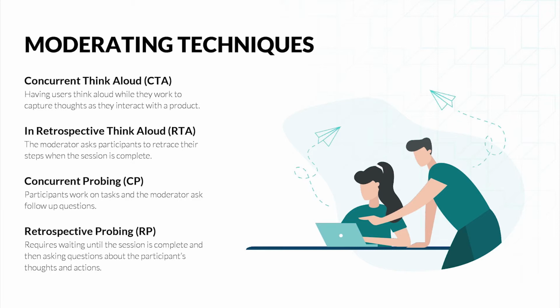A different moderating technique could be retrospective think aloud, which is again a little bit about getting the information from the user about what they were trying to do, but afterwards. So we run the whole usability study, giving them specific scenarios.